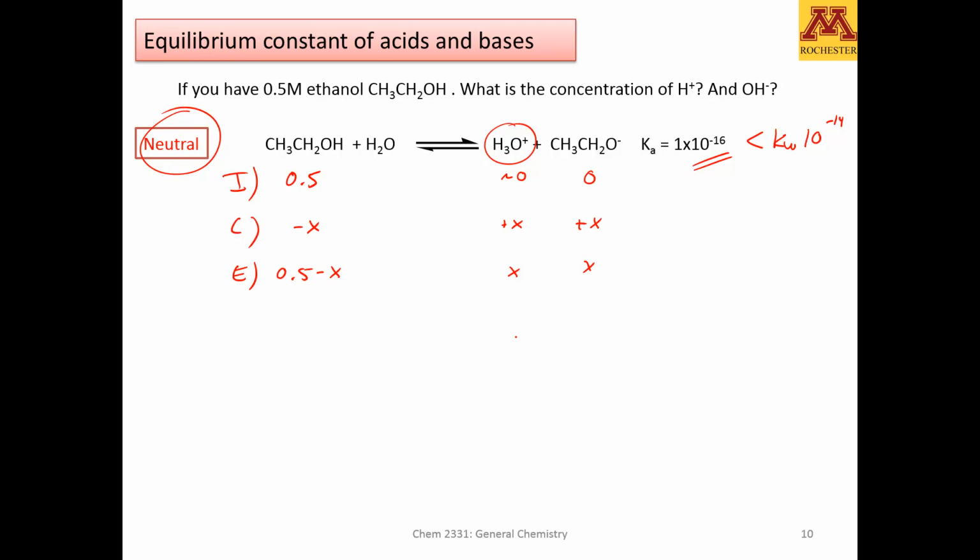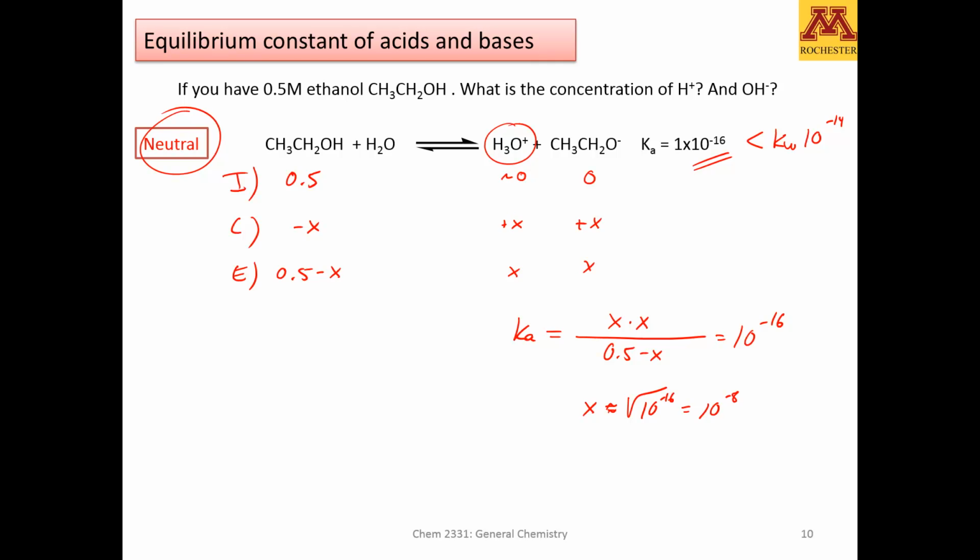Notice that even if you substitute the Ka like that, and this is 10 to the negative 16, if you apply the same calculations you will see that x is around the square root of 10 to the negative 16, which is 10 to the negative 8. Wait a minute, you just said that this is going to be 0.